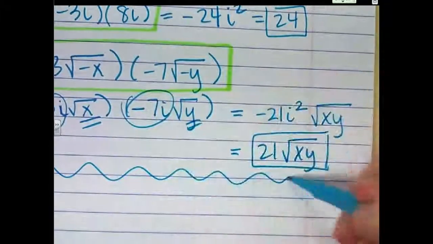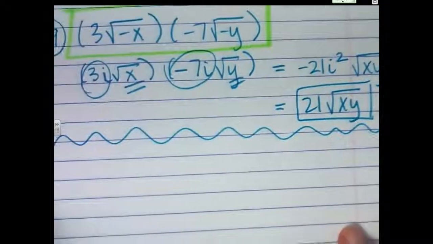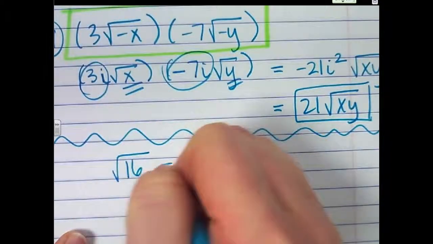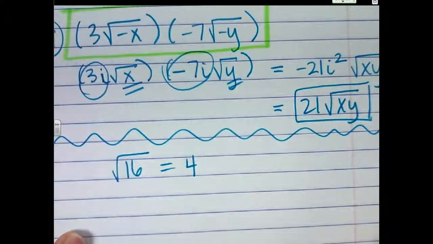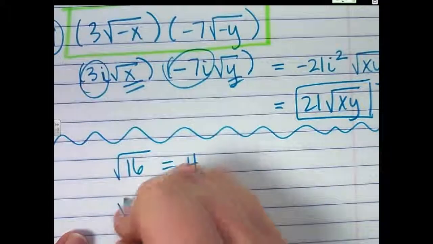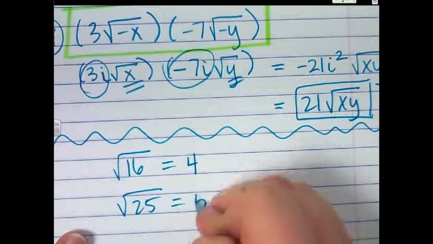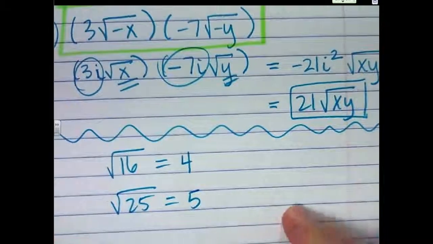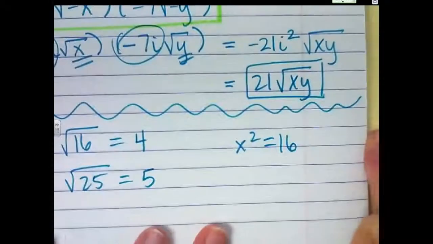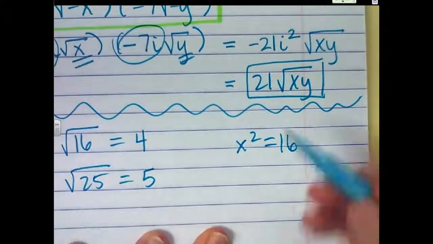Okay, let's do some solving. In the beginning we talked about the principal positive value, where the square root of 16 is 4. So if they write something like that, we just say it's the positive one. What's going to change here is they're going to give you an equation: x squared equals 16. How would you get rid of the square here?